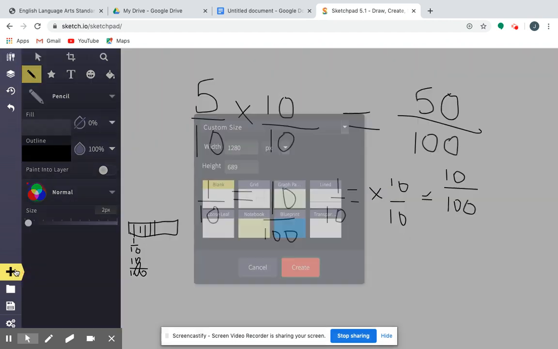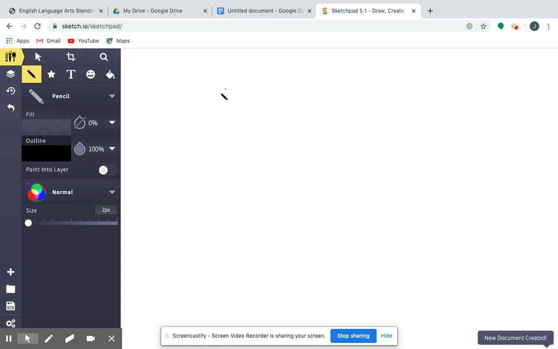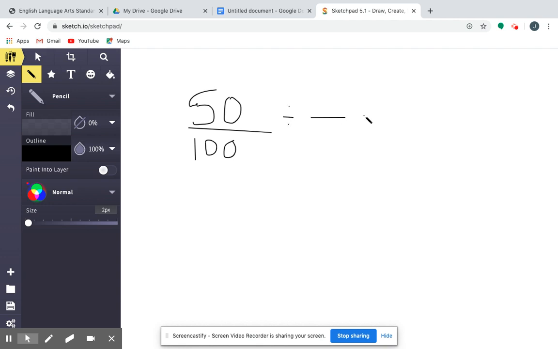So let me get a new screen here. Say I started with 50 hundredths. What do I need to divide by to get 5/10?